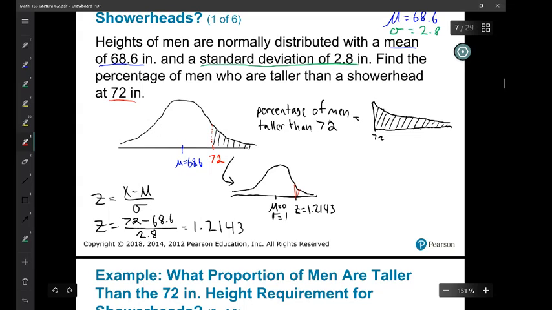So then you'll be looking for this area, and the red area is equal to 1 minus the green area, because most tables or technology devices will give you this area to the left of a given score.